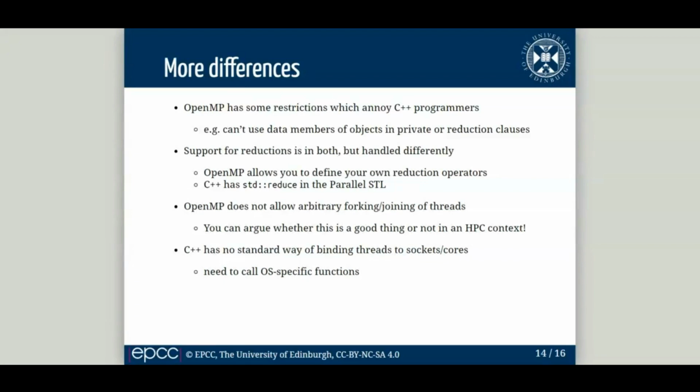In C++, there is no standard way of binding threads to sockets and cores. What binding means is, for instance on ARCHER2, you have two processors of 64 cores each. Let's say that you execute software that uses 64 threads.